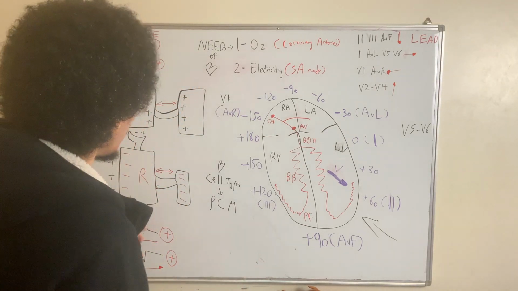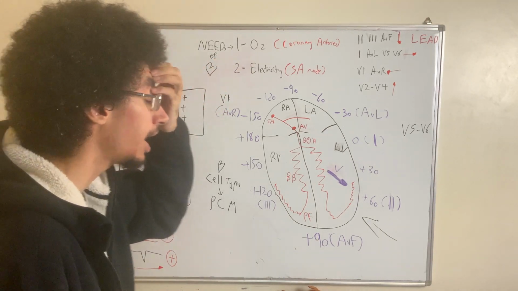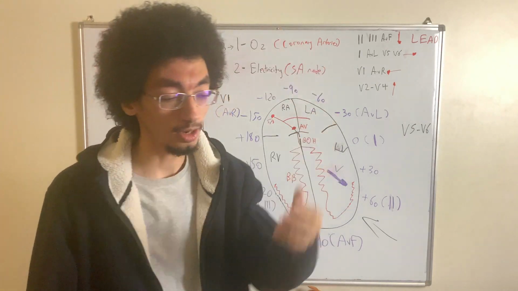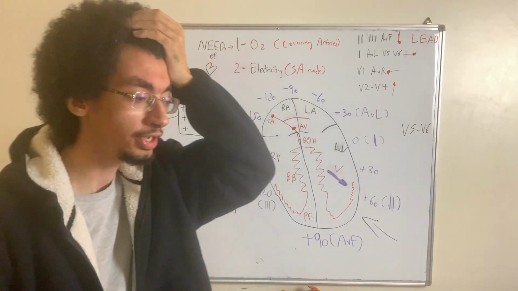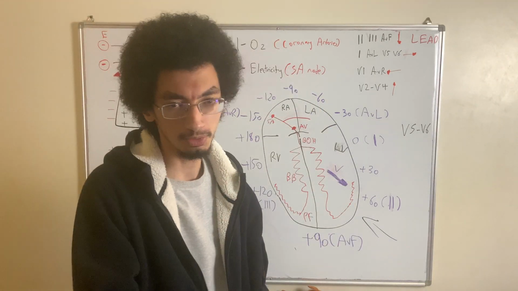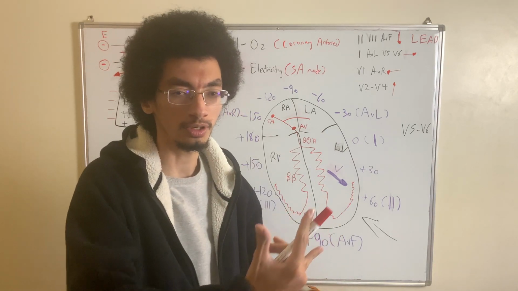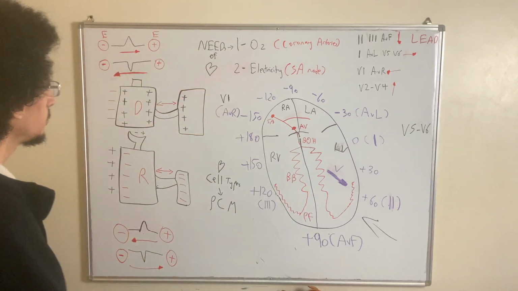Now, let's talk about electricity, all right? Let's talk about how depolarization and repolarization work. How does it work exactly? How are we able to produce an action potential or an electrical current or a wave of depolarization? The same meaning, okay? So let's review very quickly.